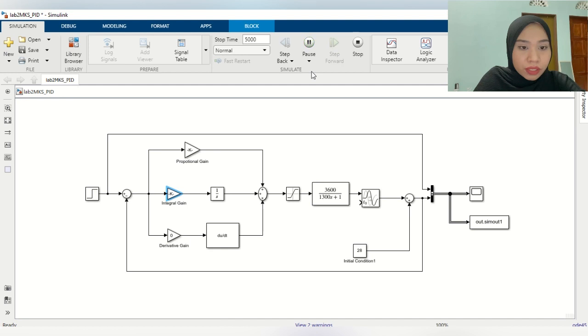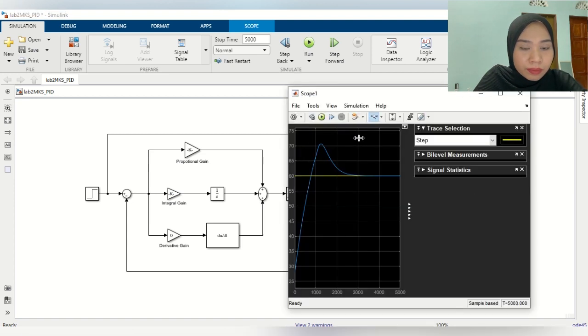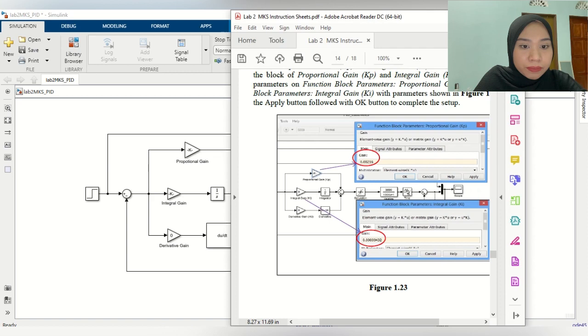Select scope for the output, and then we get the graph we need. We need to repeat the procedure for another value.